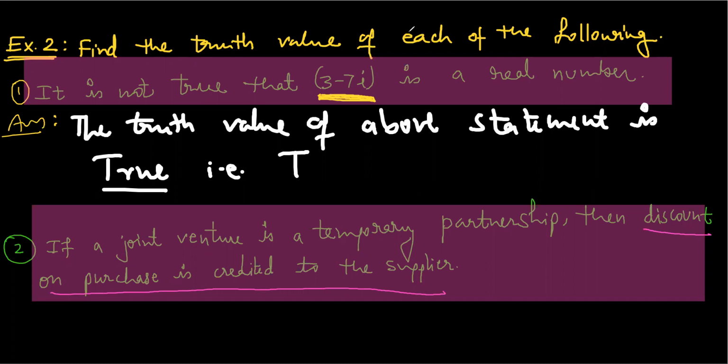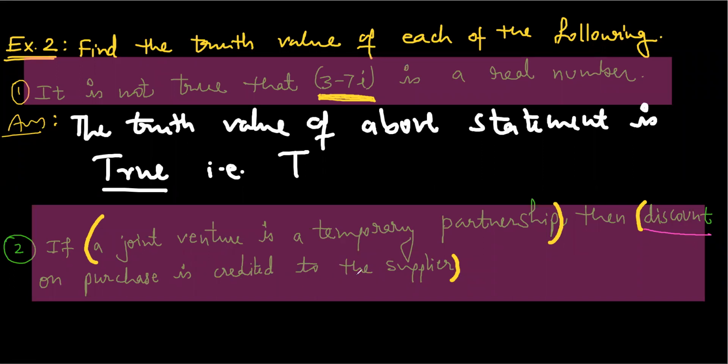Now students, we all know that a joint venture is actually a temporary partnership. So this thing is true. And we all know that discount on purchase is never credited to the supplier. Discount on purchase is debited to the supplier. So the next one is false.